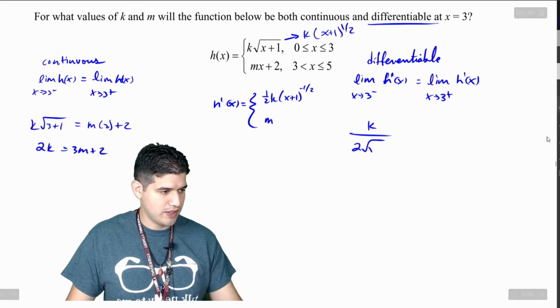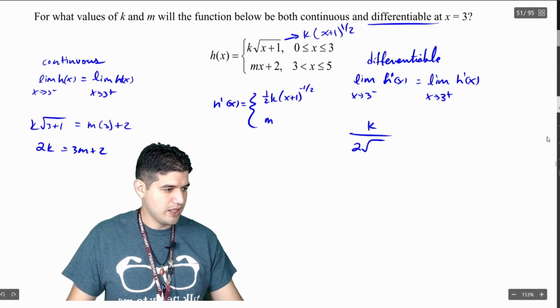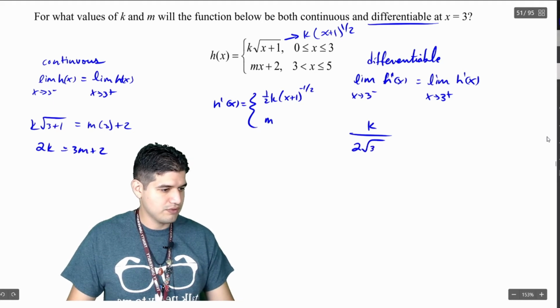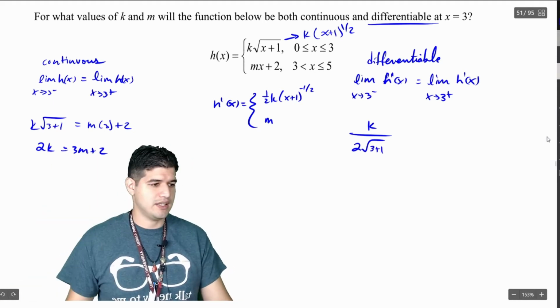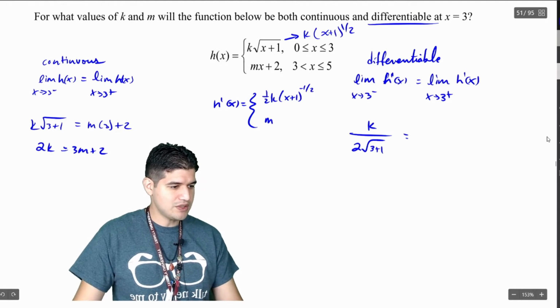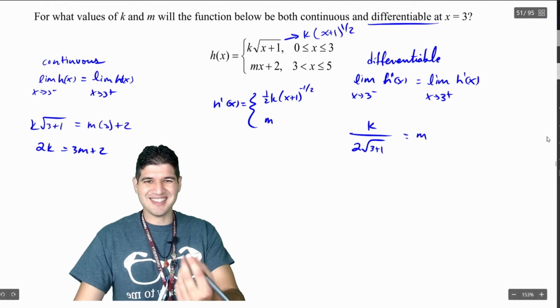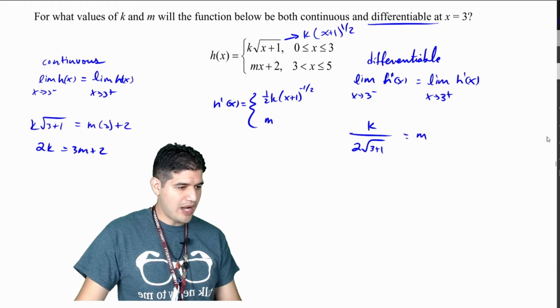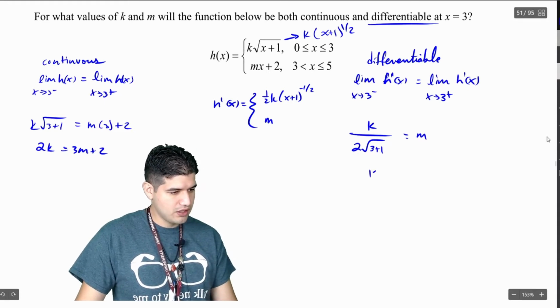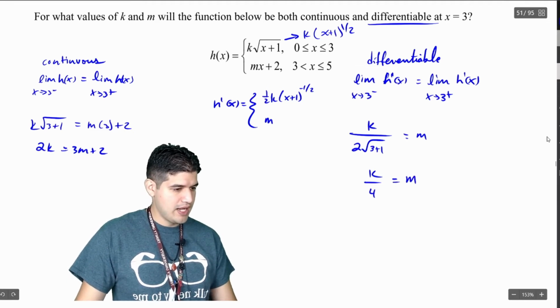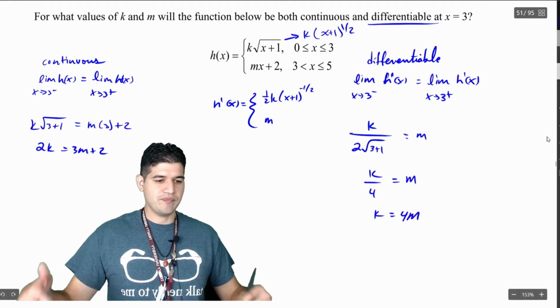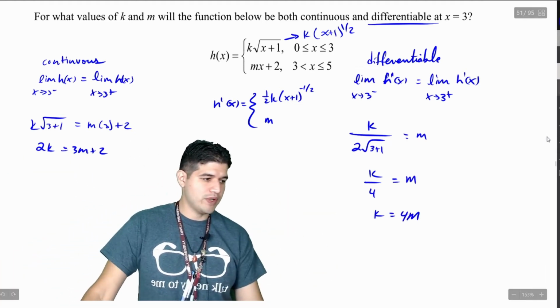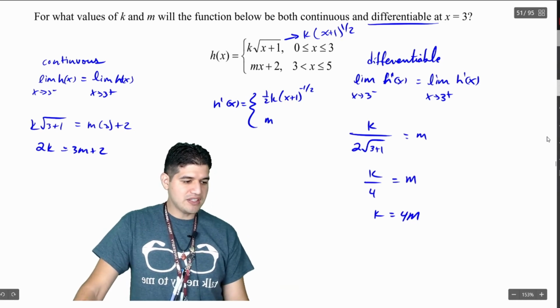But it's not really square root of x plus 1, it's just going to be square root of 3 plus 1, because I'm finding the limit as x approaches 3, equals m, because it's just a constant. So I get k over 2 times 2 is 4, so k over 4 equals m, and I'll just say k equals 4m. All right, so I've done a lot of work here, and what I'm going to do is I have this value for k.